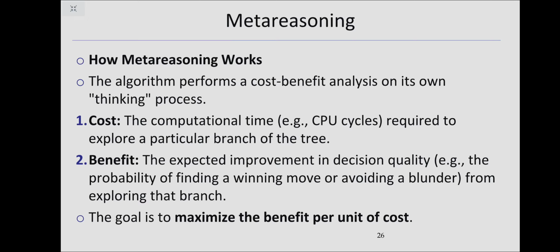This is important for estimating the probability of win or loss. Now, meta reasoning tries to maximize the benefit of the search with respect to the corresponding cost.